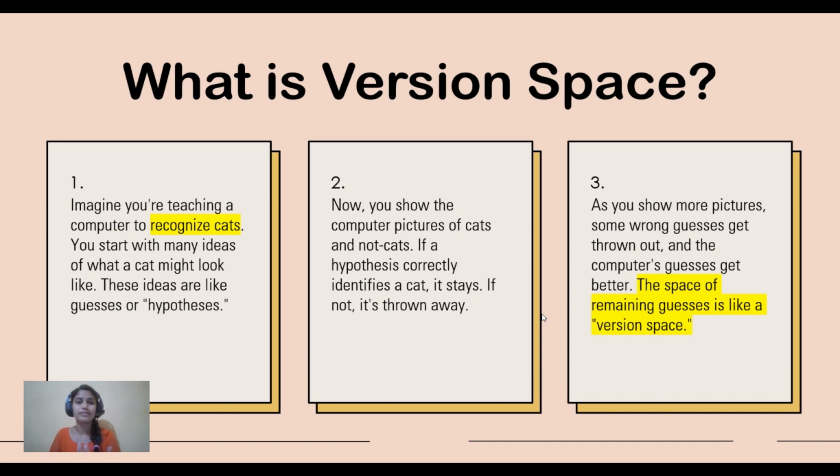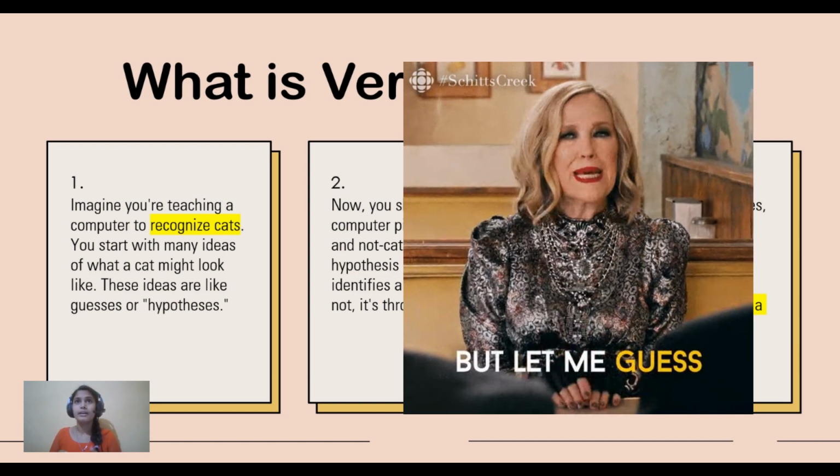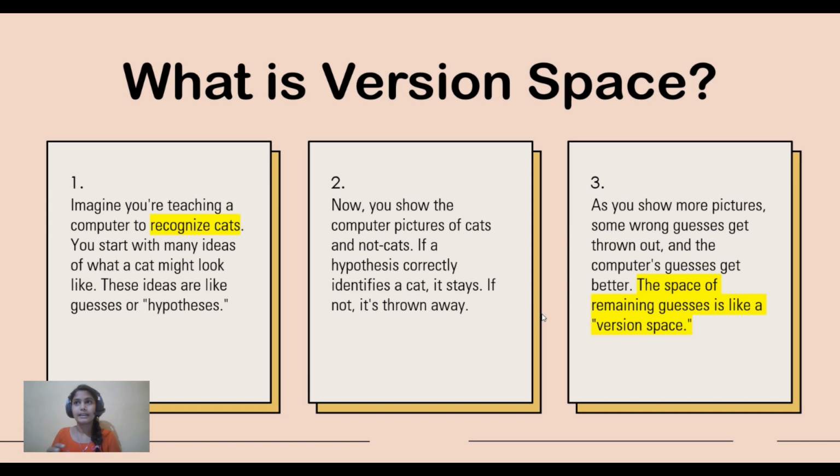You give such guesses to the child, and after that you show the child different pictures of different cats. Now the child will recognize the cats, and if the child is unable to recognize a cat, that hey, you taught me this but this doesn't look like a cat, so it will throw out that hypothesis, and that hypothesis will be out of its mind. It will not consider that hypothesis.